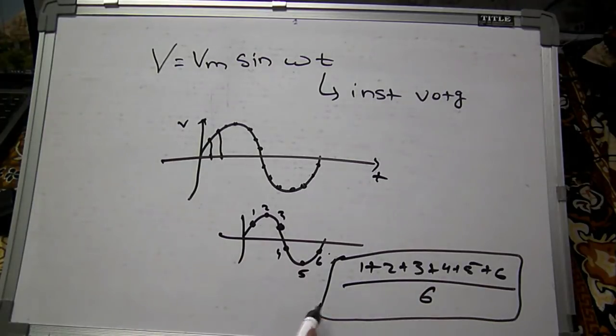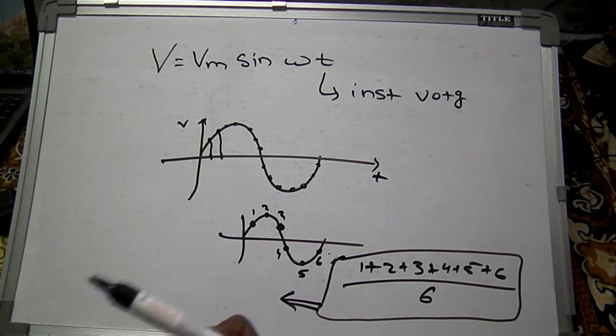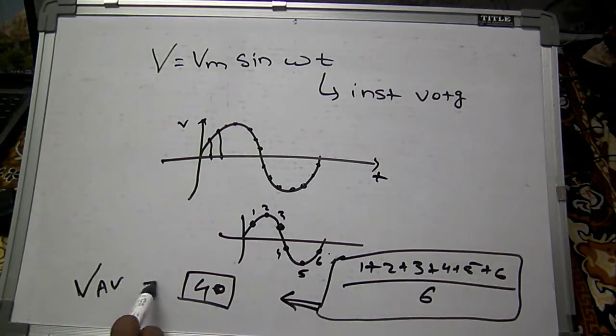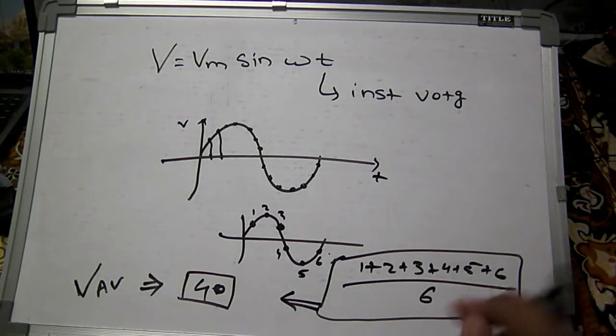The number that comes out of this result, suppose it comes as 40. Then the average value, that is V average, is termed as 40. So instead of talking in terms of instantaneous voltage, we use the term average voltage.